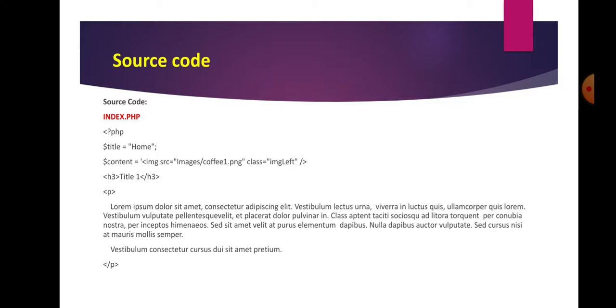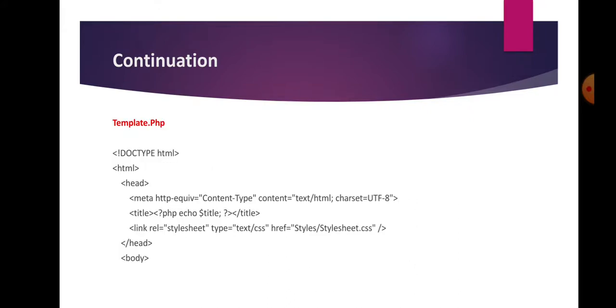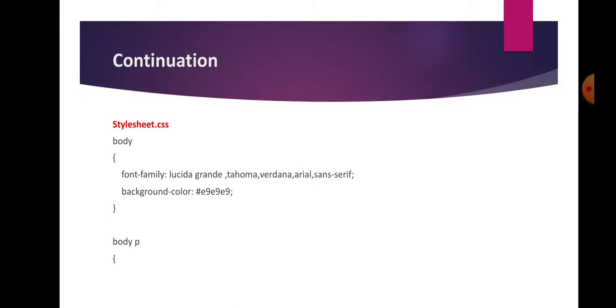Next we move on to the source code. Before creating our index.php source code, we just see the style sheet code, CSS. Here it will specify the alignment and the appearance of the web page.